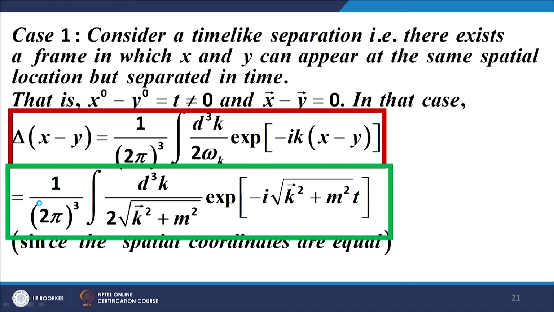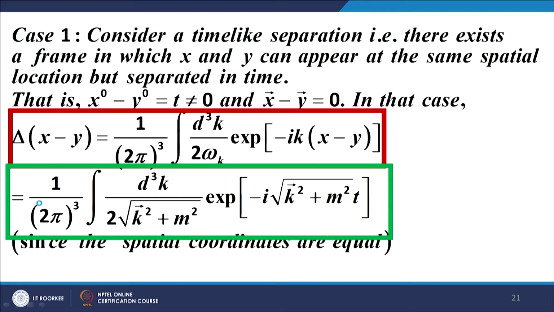This is a consequence of special relativity: if two events in spacetime are time-like separated, then we can find a Lorentz frame in which they occur at the same point in space, but they are separated in time.